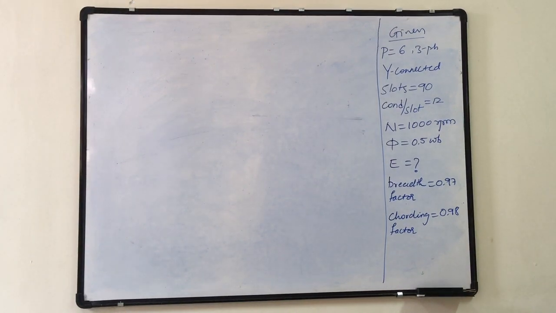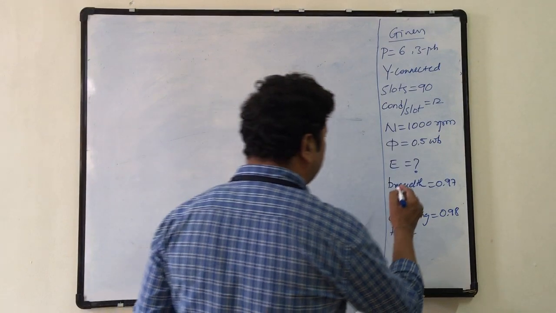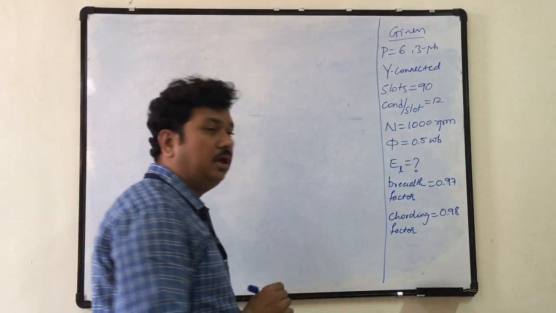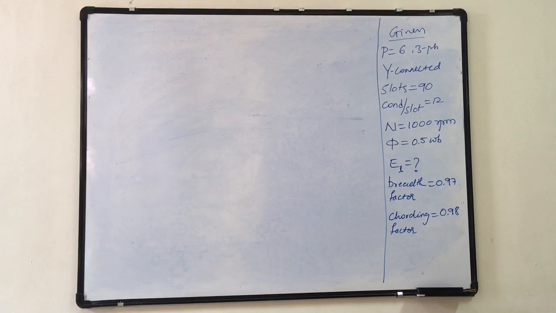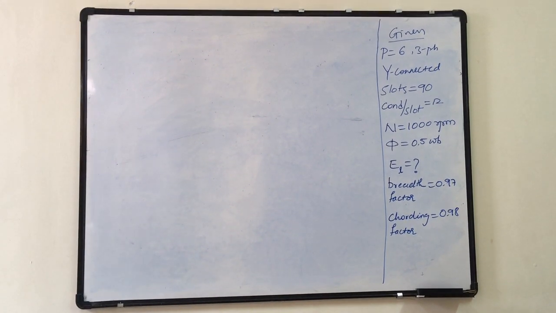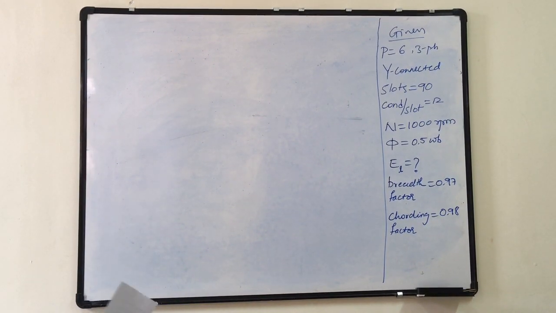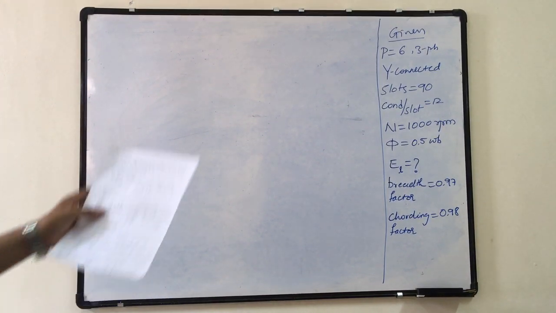Okay. Now EMF generated is always, remember, the line voltage, EL. Whenever we talk of a three-phase system, by default we will be talking about the line voltages, and not phase voltages. Yeah. So these are the given things.